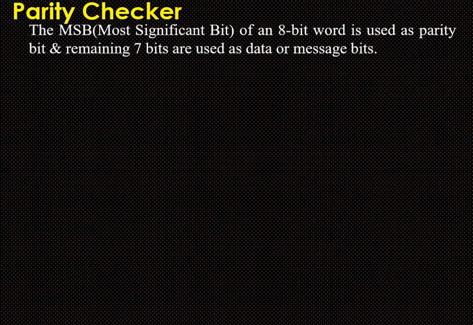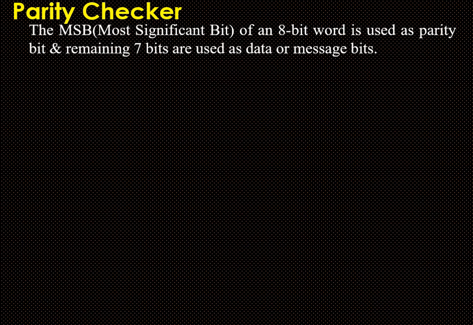In the parity checker, the most significant bit of an 8-bit word is used as the parity bit, and the remaining 7 bits are used as data or message bits. So in total we have 8 bits. Of those 8 bits, the most significant bit, the last 8th bit, we take as the MSB. That indicates the parity bit, and the remaining 7 bits are the data.